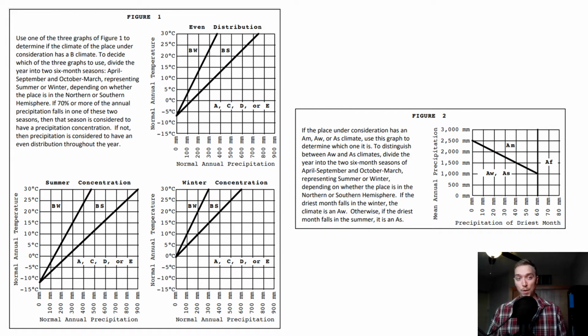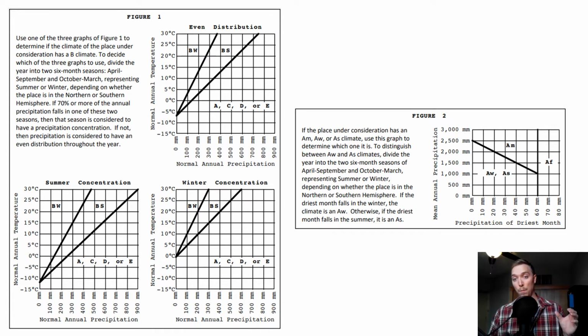So what you want to do if you need to find out whether you have a BW, BS, or A, C, D, or E climate is you divide the year into two. You take April to September, and then you take October to March. And you calculate the amount of precipitation cumulative within each of those two bins.